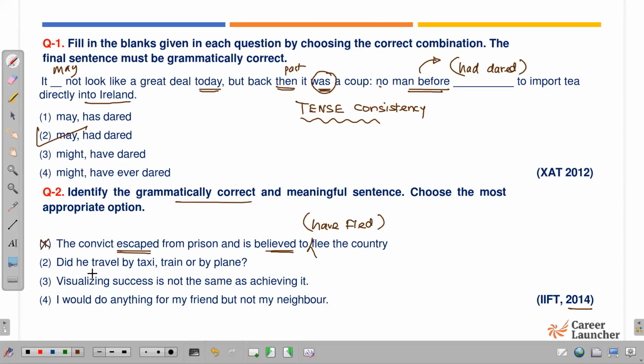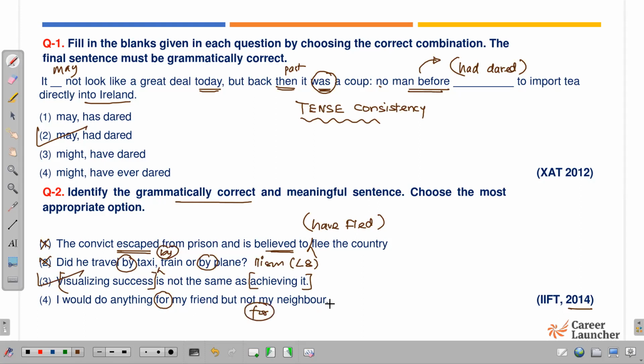Did he travel by bus, by train, and by plane? So this is actually a parallelism question. Parallelism I'm going to teach you in lesson 8. So this is lesson 6 that we are doing today. Visualizing success is not the same as achieving it. Perfectly balanced. Correct answer. I would do anything for my friend, but not for my neighbor.